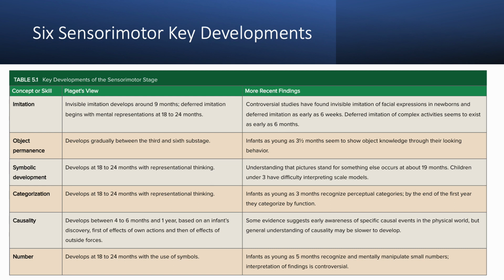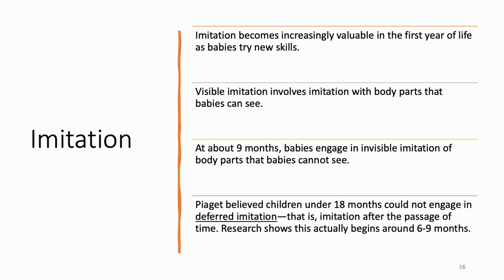And then finally, number. This develops between 18 and 24 months with the use of symbols. Infants as early as 5 months recognize and mentally manipulate small numbers, and interpretation of the findings of some of these studies is somewhat controversial, but let's talk about each of them a little bit more.